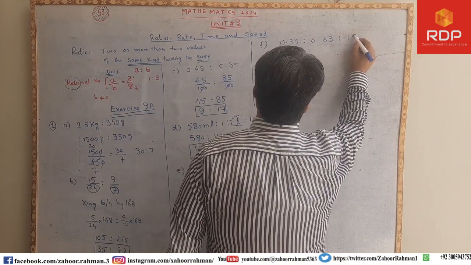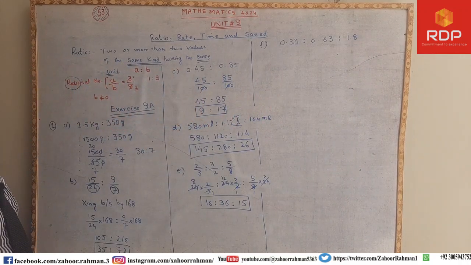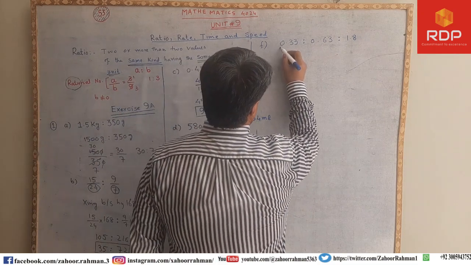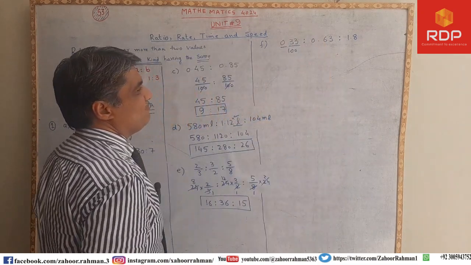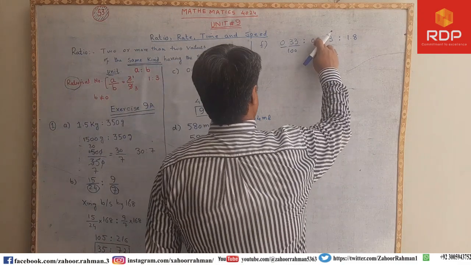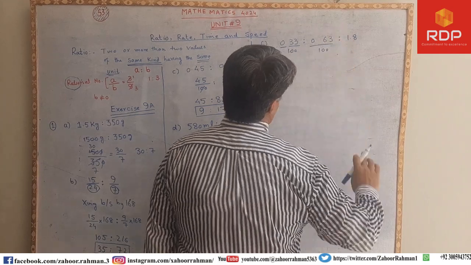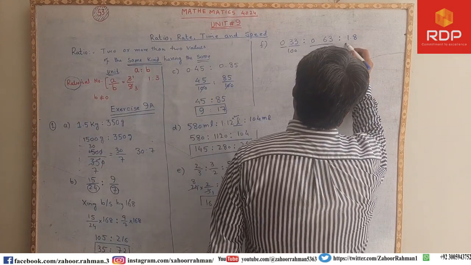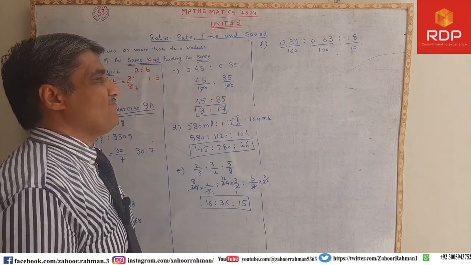Now ladies and gentlemen, if we want to divide it by 100, so this will be removed. If we divide this by 100, that will be removed. But if we are removing this, it will be 10.